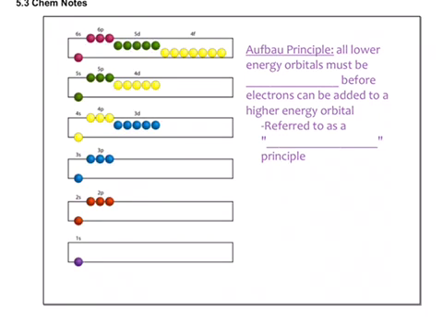So when you hear of electron configuration, you should think of the order that electrons fill orbitals. And it has to go in the same order for every element.